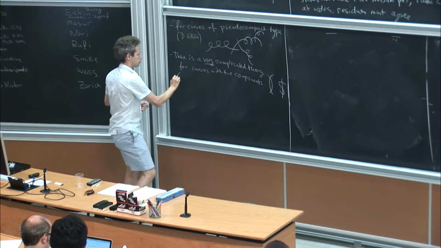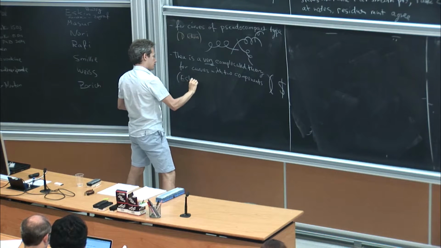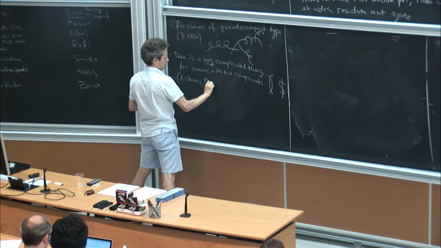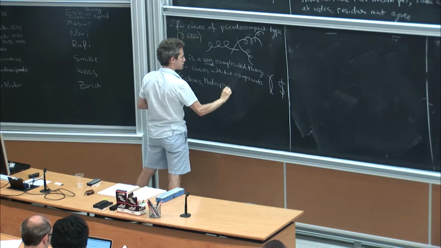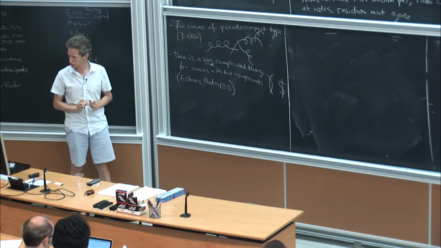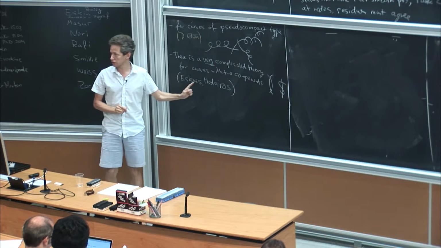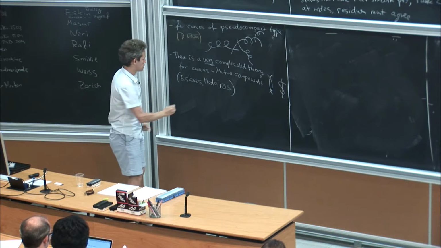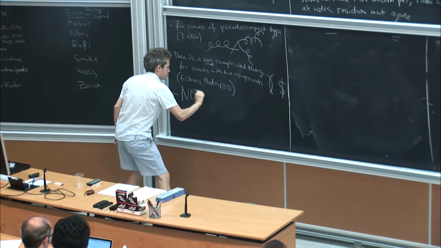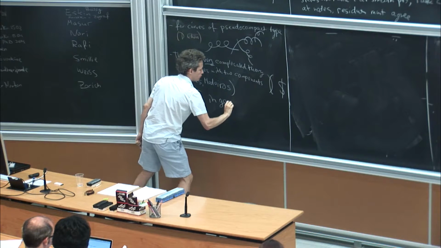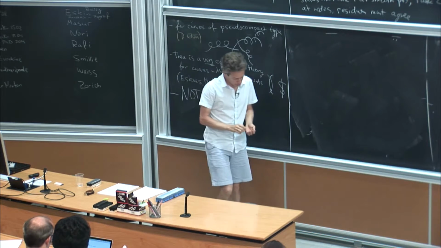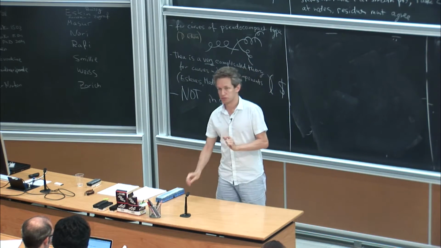And this is due to Esteves and Medeiros. And this is a, I forget, 60-page, 70-page paper in Inventiones, and it's very hard. I cannot state you the answer in a reasonable way on the blackboard. Not in general. Okay? And there is a good reason it doesn't work in general, the procedure just doesn't stop.